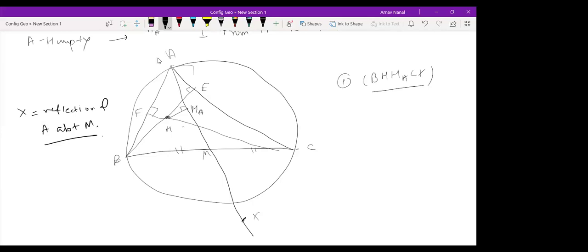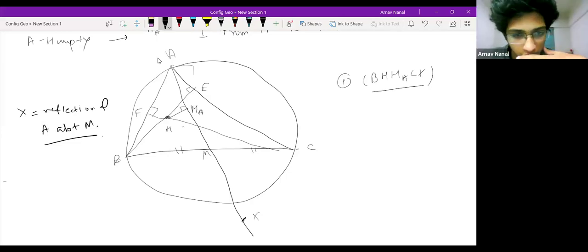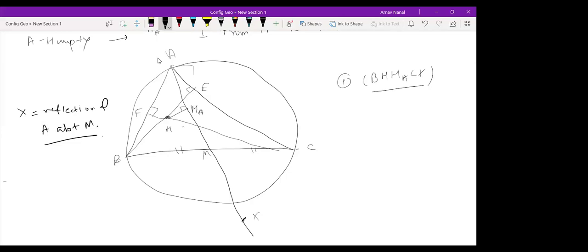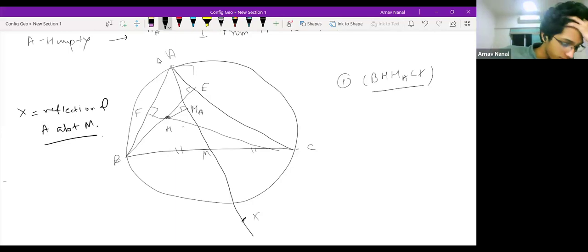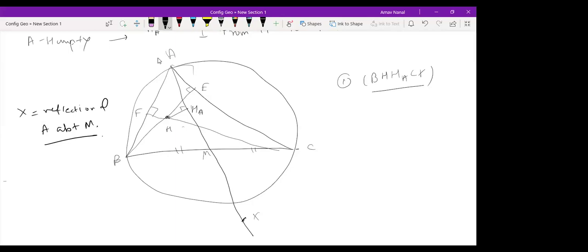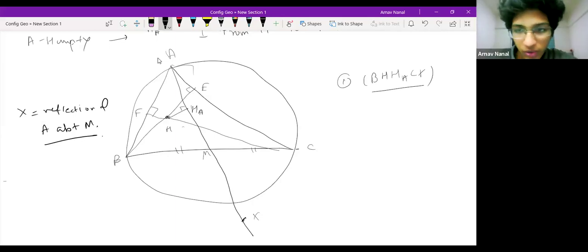So just homothety again, I guess. Homothety about A. Wait, one second, let me think about it. Alternatively, the circle with diameter HX. Yes, that's true. So you consider a circle with diameter HX.